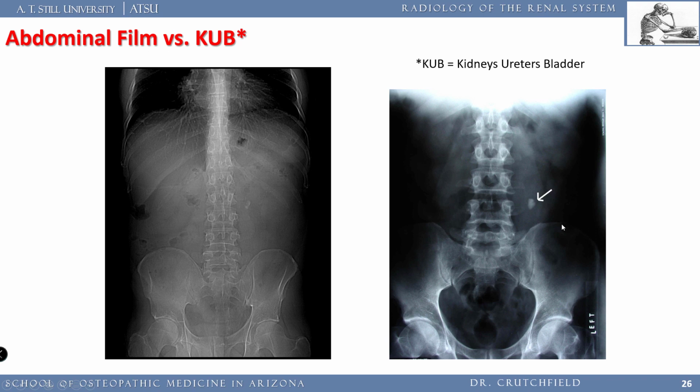Now let's talk about what's the difference between an abdominal film and a KUB. There's just a little subtle difference here. An abdominal film will have everything that you see here. It will include the diaphragm. It will include the costophrenic angles. It might even include a little bit of the heart. It will definitely show the abdomen, so it's called an abdominal film.